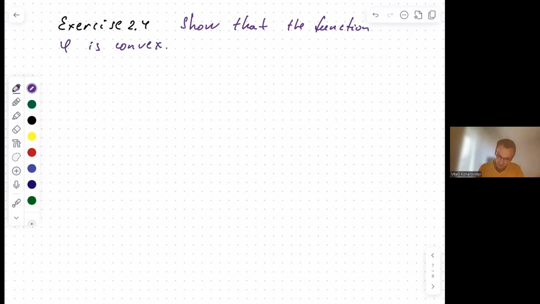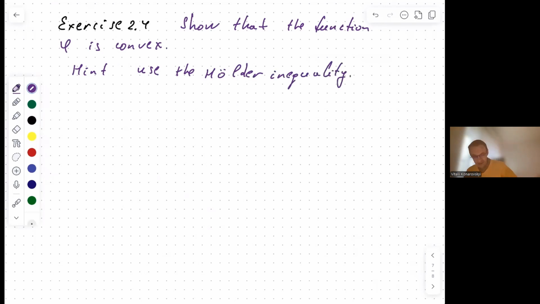This I leave for you here. Only I will write a hint: use the Hölder inequality, and of course the definition of convexity to see that.